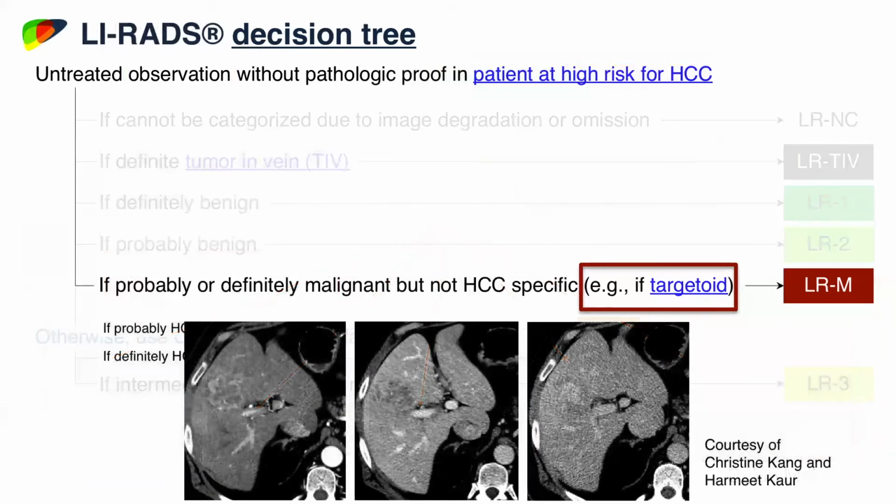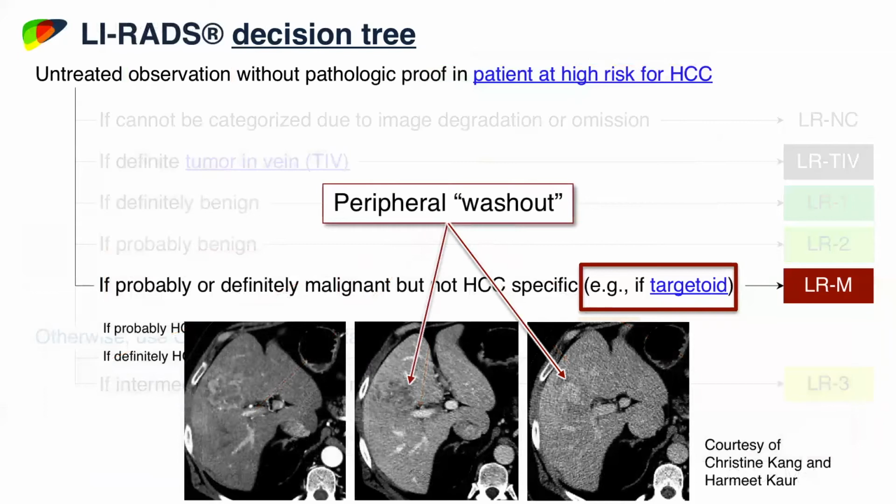Now, another example of targetoid appearance is peripheral washout. And here we have an example of peripheral washout. So the lesion enhances in a rim-like fashion in the arterial phase. And notice that on the most delayed images, the periphery washes out. Now, this is a more advanced question.